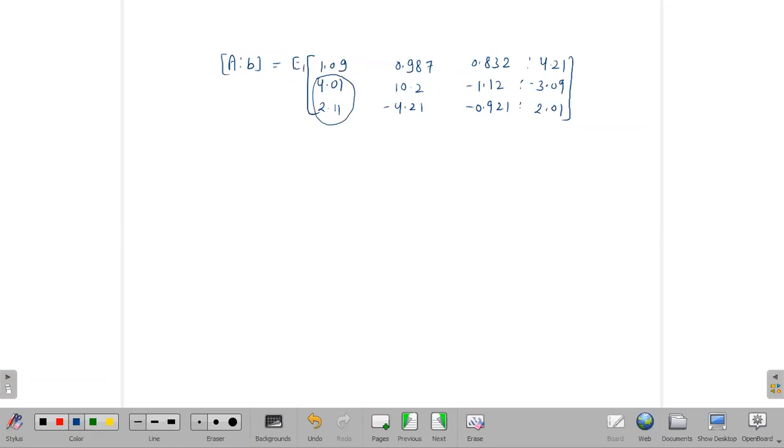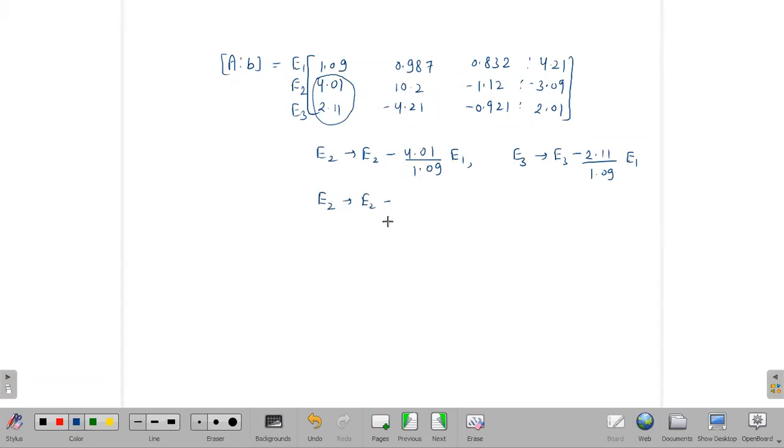So make these elements 0. This is the first row, second row, and third row. Use these two operations: E2 minus 4.01 divided by 1.09 E1, and E3 minus 2.11 divided by 1.09 E1.